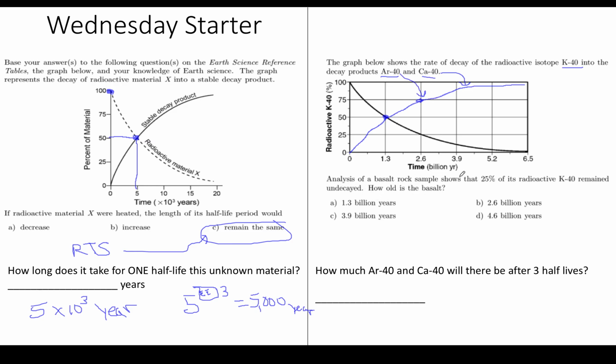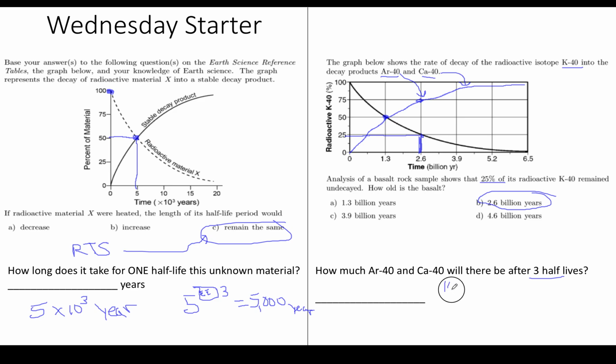Analysis of the rock sample shows that 25% of K40 remains. So you find 25% of potassium 40. K40 is potassium 40. And we follow it down, which would be 2.6 billion years. How much argon and calcium 40 would be left after 3 half-lives? So you can do a few things.